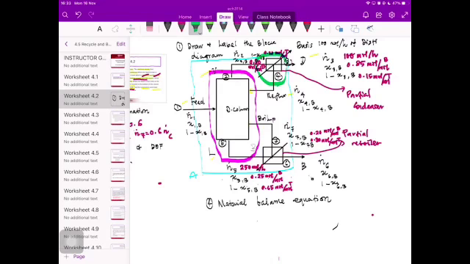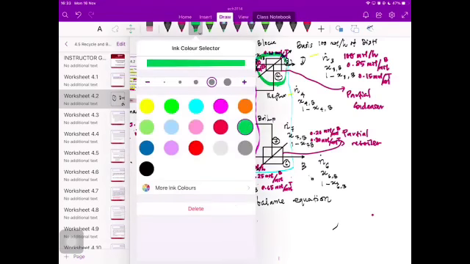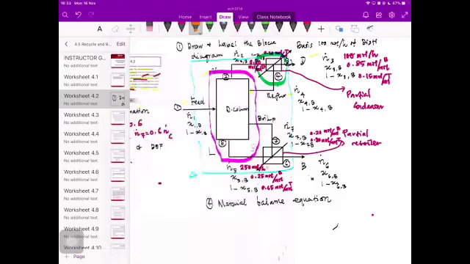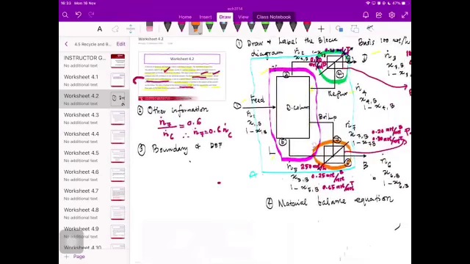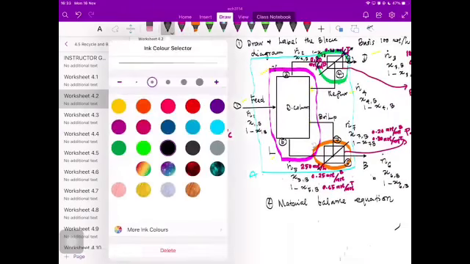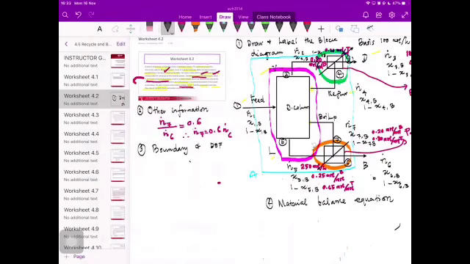And the last one is around the partial reboiler. Okay, those are the 4 boundaries that we can look at and investigate. So let us look at them one by one and do the boundary analysis. We're going to do the degree of freedom analysis.